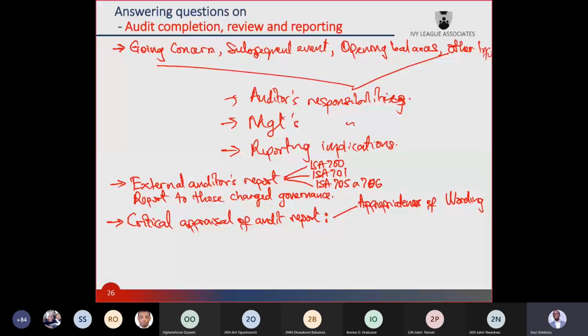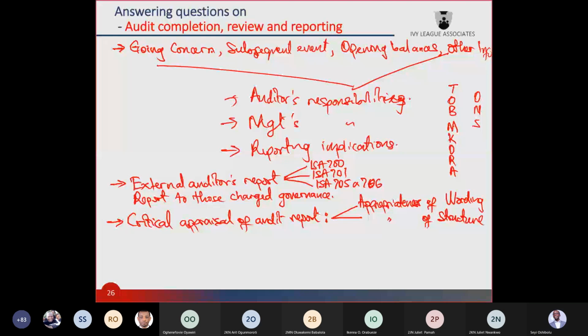So you have to know the structure of an unmodified report, and that is this: COBMKORAONSAD. That is the structure.